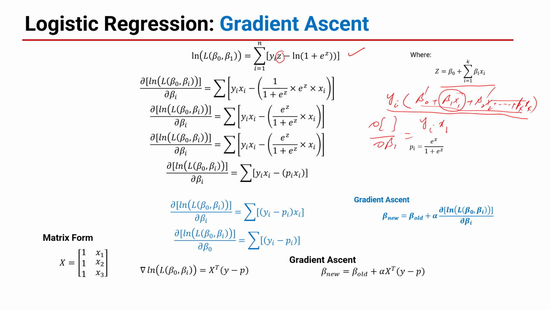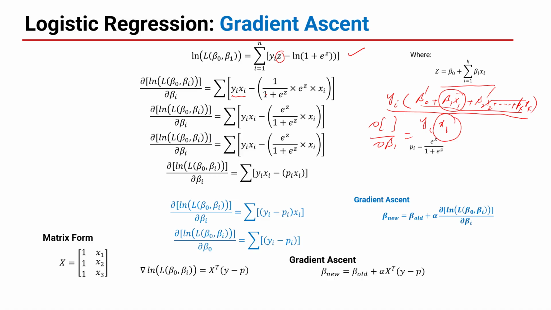That means yi x1, and similarly we will get x2, x3 and so on. So in general, if I take the derivative with respect to beta 1, beta 2, beta 3, we get the corresponding input column or variable, that is x1, x2 or x3. That's why in generic form I can write this part this way.